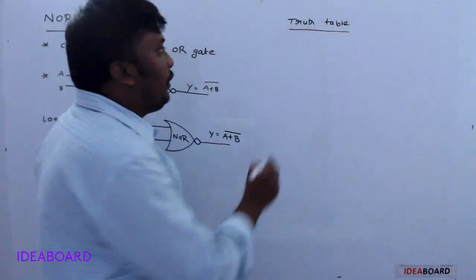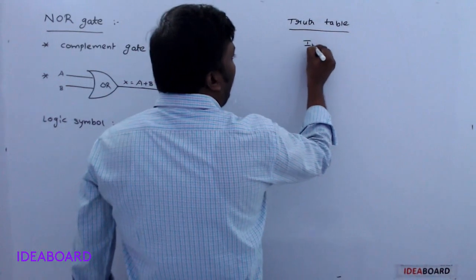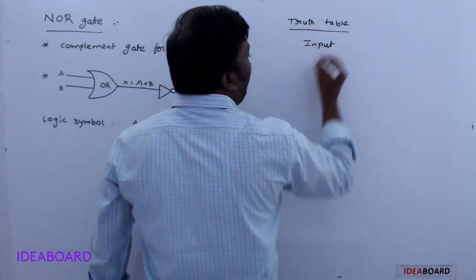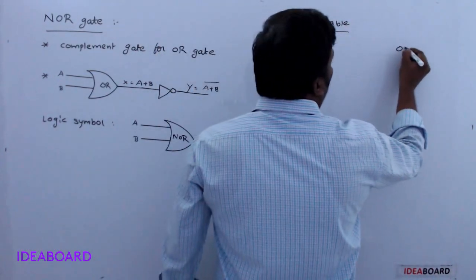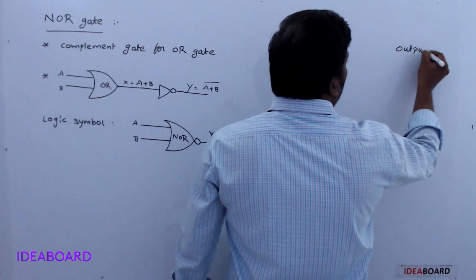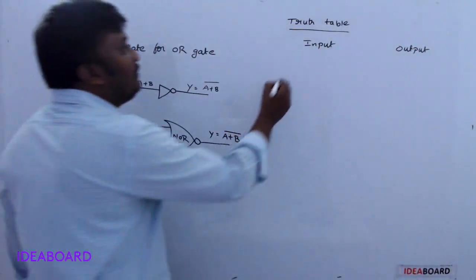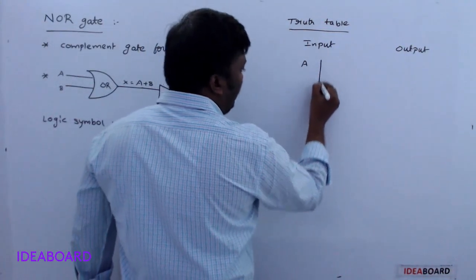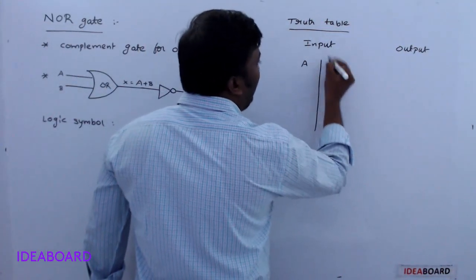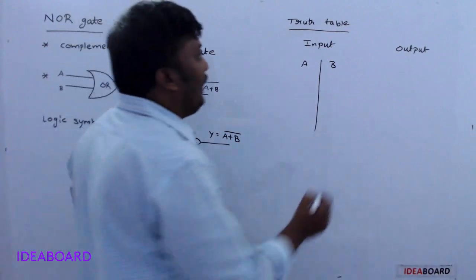We know in truth table we have inputs and output. Here inputs are taken as A, B. And what is output?